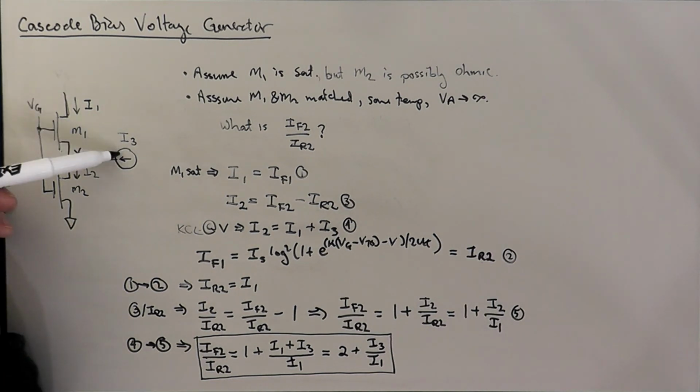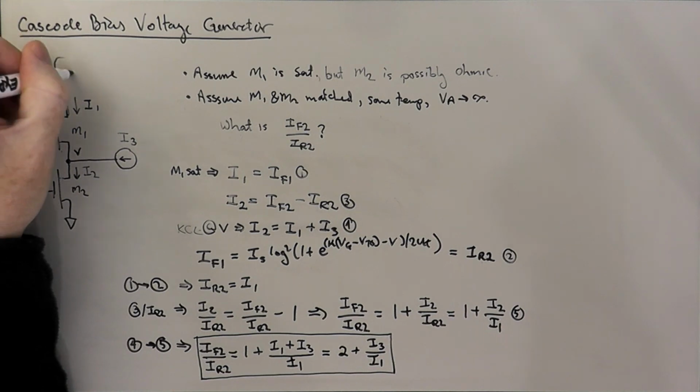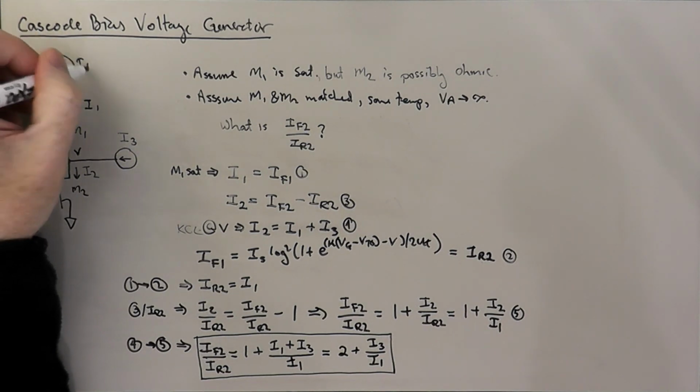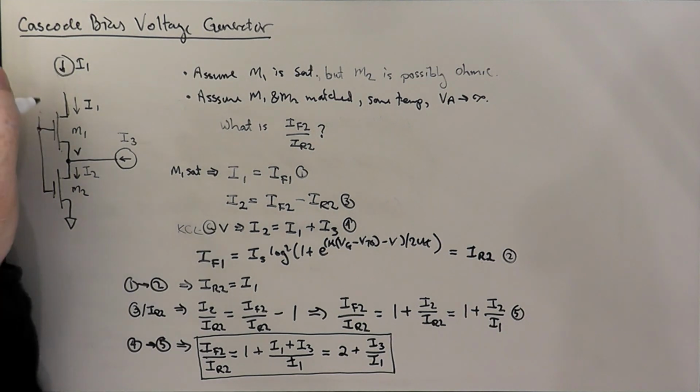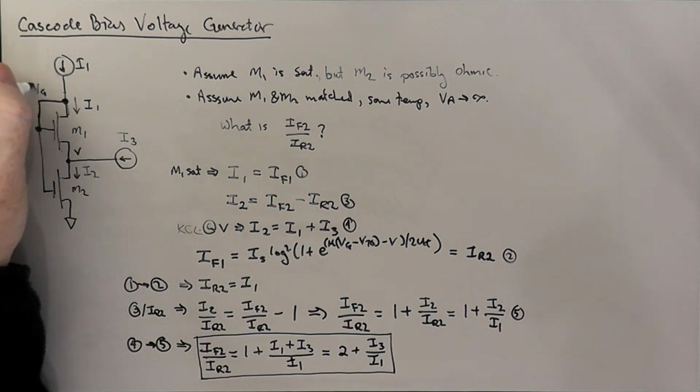So we have these two currents that we're forcing in here, possibly. And if we wanted to, we could actually set I1 by doing the following. If we take a current source, I1, and then we take M1 and diode connect it, that gives us two things. That gives us the ability to set I1 with an external current source, and it also ensures that M1 is operating in saturation, because diode connected transistors operate in saturation.